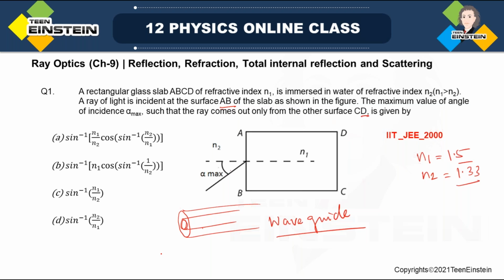What happens in waveguides or optical fibers is that if you choose a certain angle of incidence, and the maximum angle of incidence at this interface of N2 and N1, that means water and glass, such that this ray suffers total internal reflection here at AD and gets reflected back such that it comes out of CD of the slab.